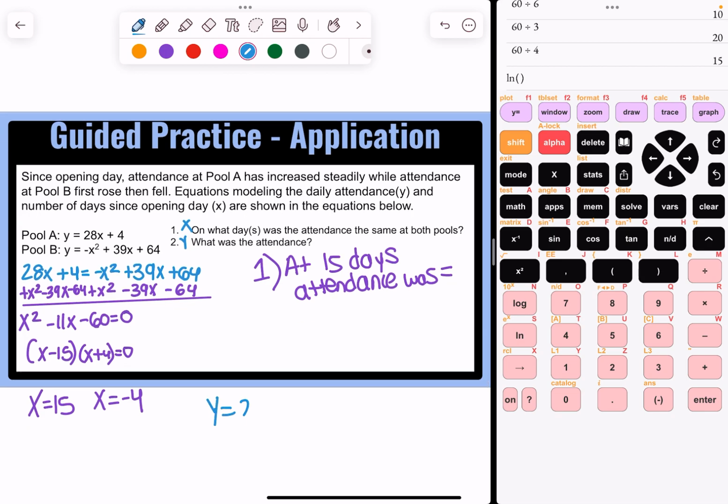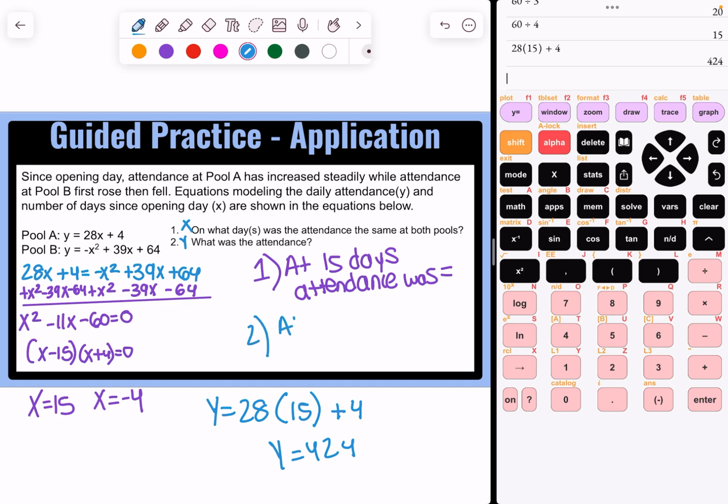All right, and now to find out how much the attendance was, let's use the simpler equation. y equals 28x plus 4, and I'm going to put 15 in for x. 28 times 15 plus 4, we get 424. Attendance was 424.